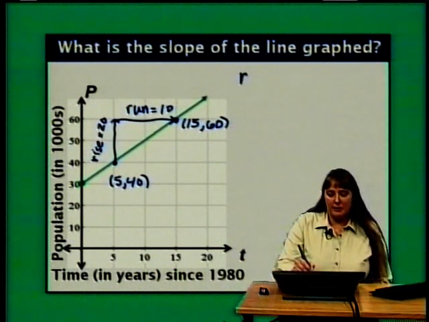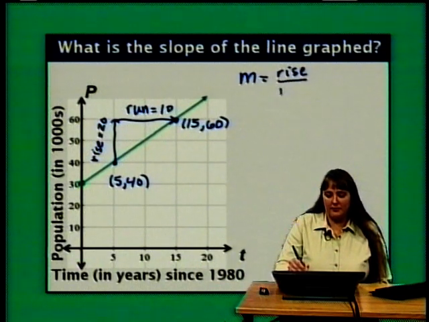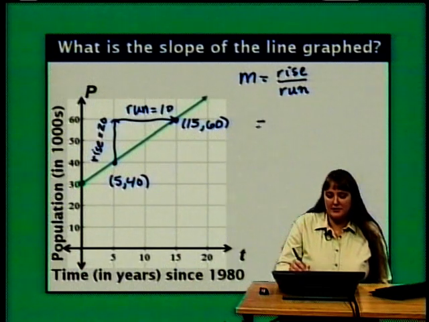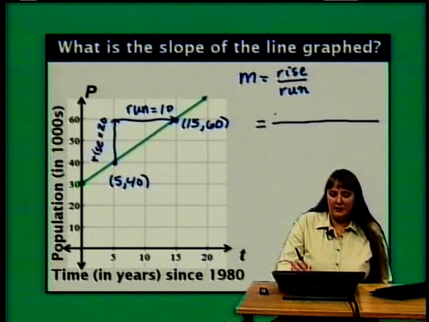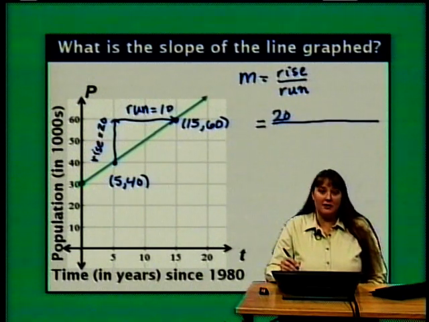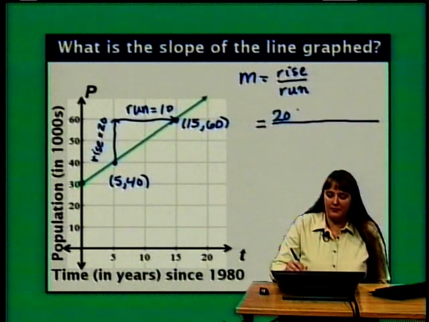So to find the slope, I'm going to look at the rise over the run. And on the graph, I've just labeled the rise as 20. I want to include units here, though. Looking at the vertical axis, my units are going to be thousands of people.